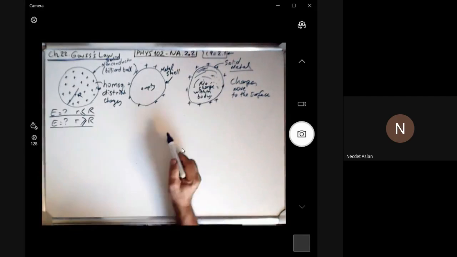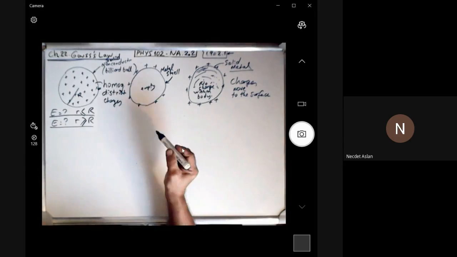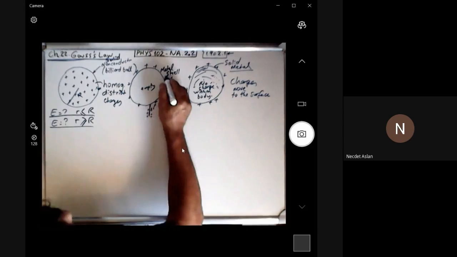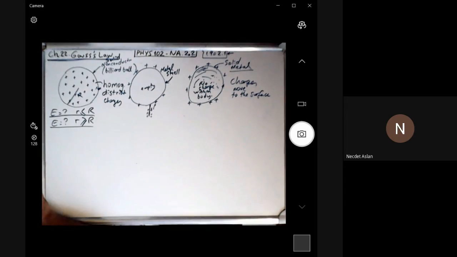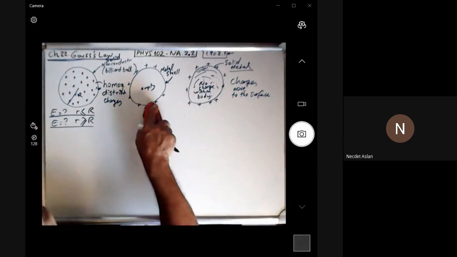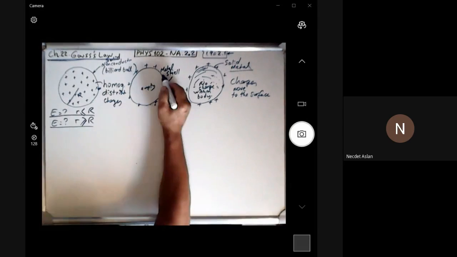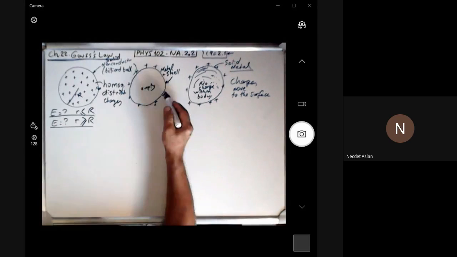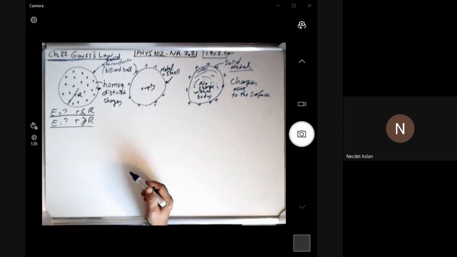In this case, if you touch this with something positively charged, remember what we learned in the very first part of our lectures, you can transfer these charges, and then the total surface is automatically loaded by positive charges. So if you remove this rod, the charges will be distributed evenly on the surface, and the total surface will be positively charged.